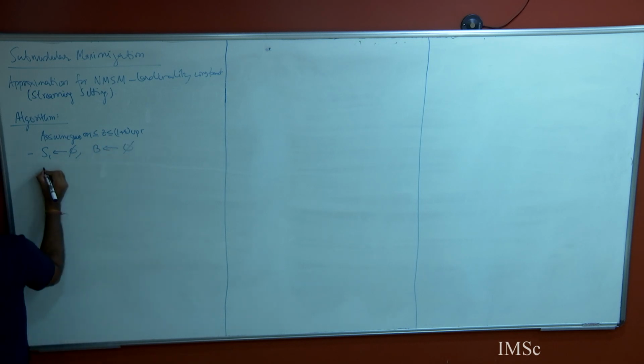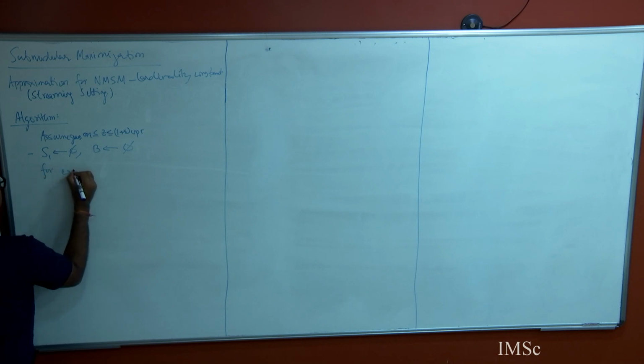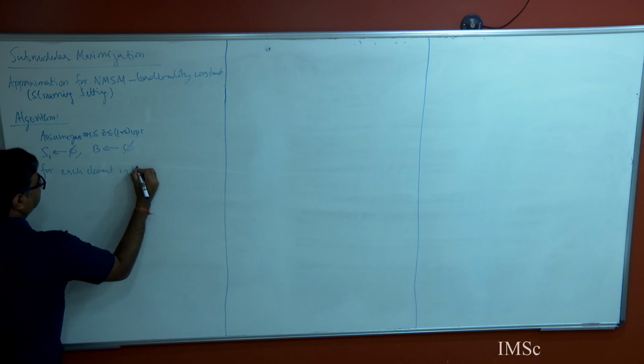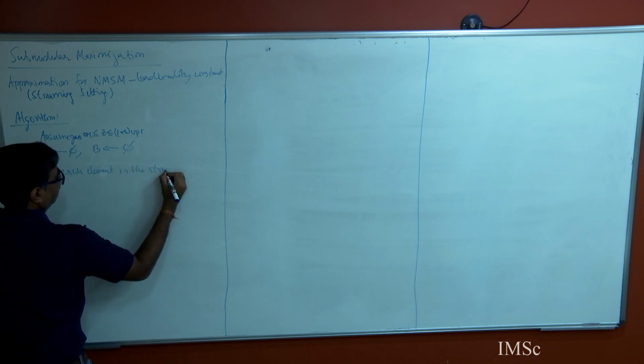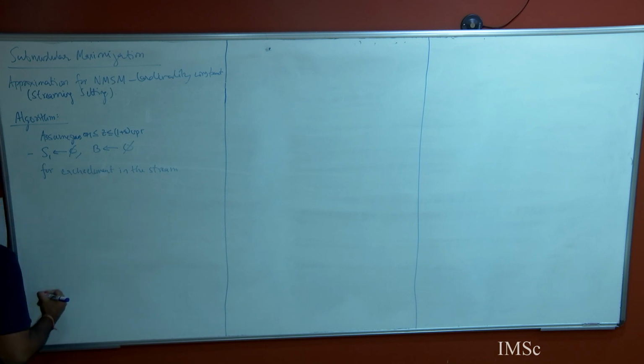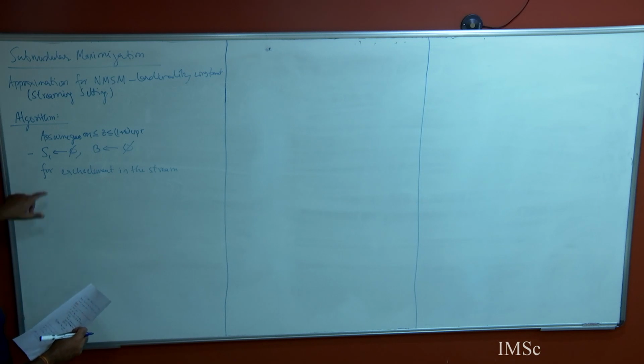Okay. Now, for each element e in the stream, what I'm going to check is its marginal contribution if I add this element to S1.